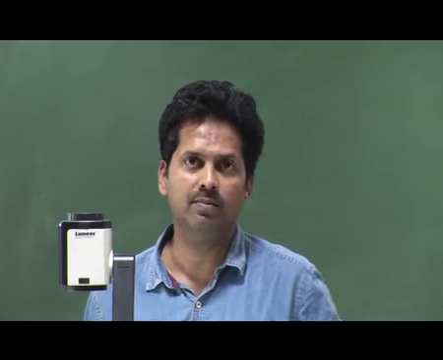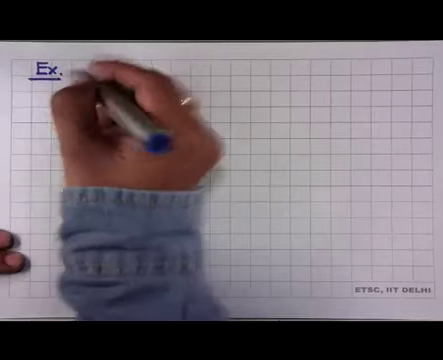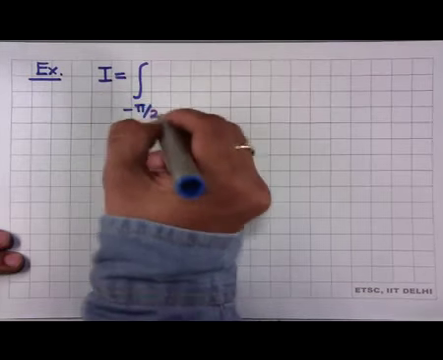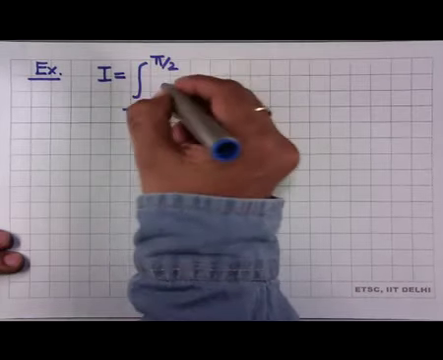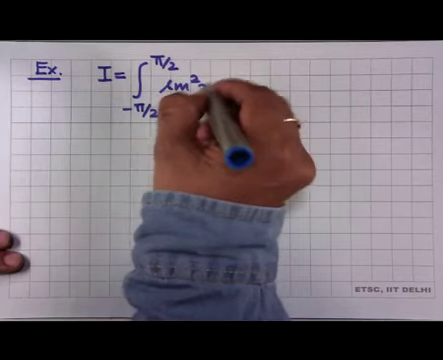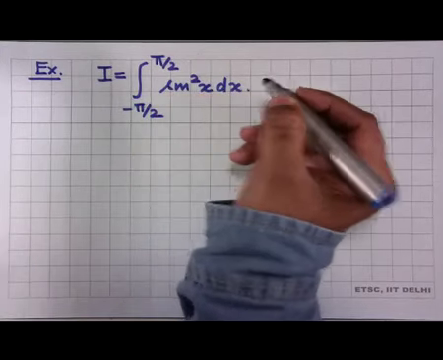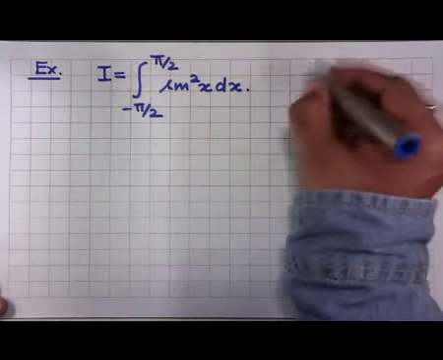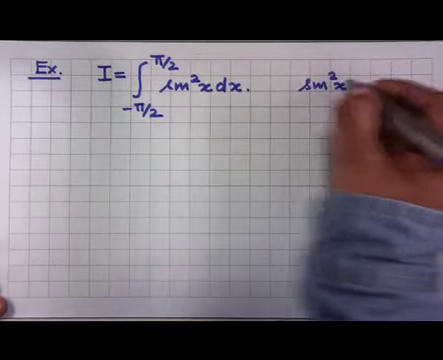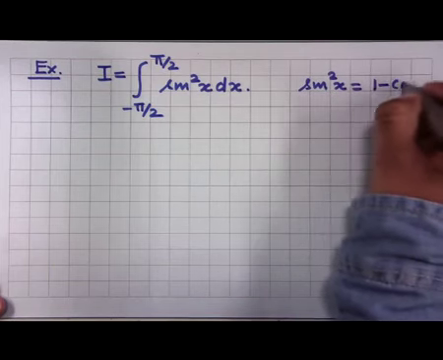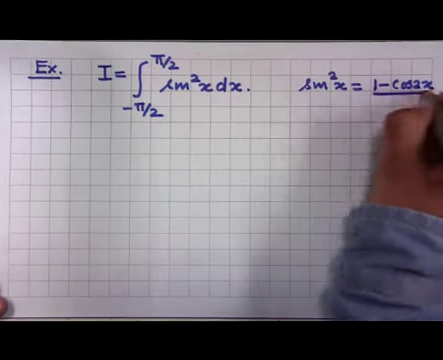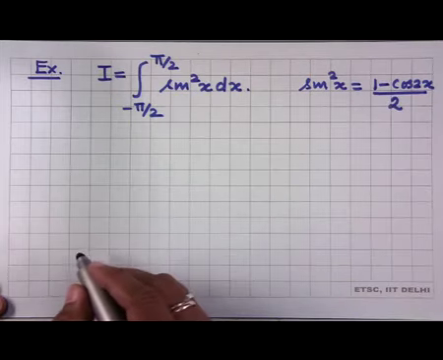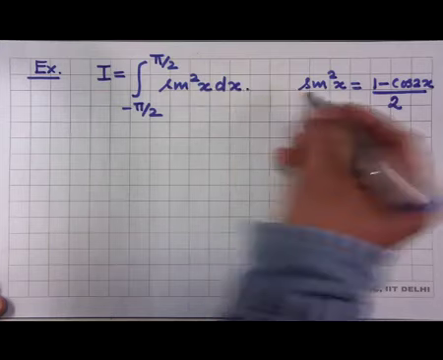Let us take another problem. Example. So, one simple approach to solve this problem is to replace sin square x by (1 minus cos 2x) by 2. I am not going to use this approach.